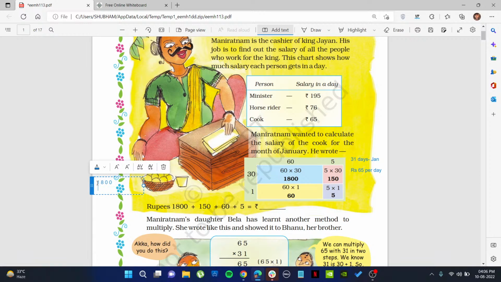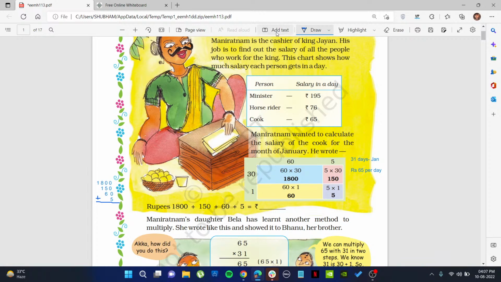1800, add 150, add 60. We need to add 5 more. 0 add 0 add 0 add 5 is 5.